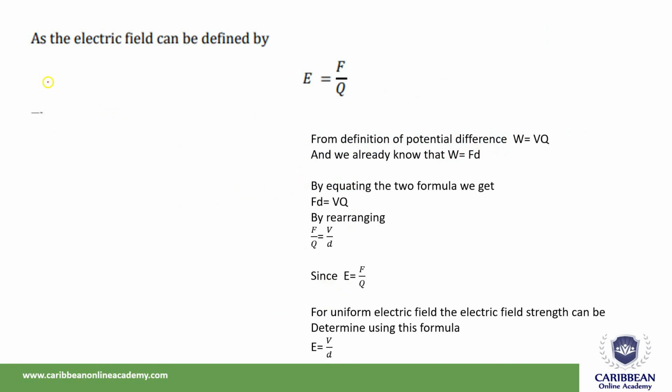So we have said so far that a potential difference is equal to the work done divided by the charge. This is equation one. Then we have another equation that says work is equal to force times distance. Equation 2.